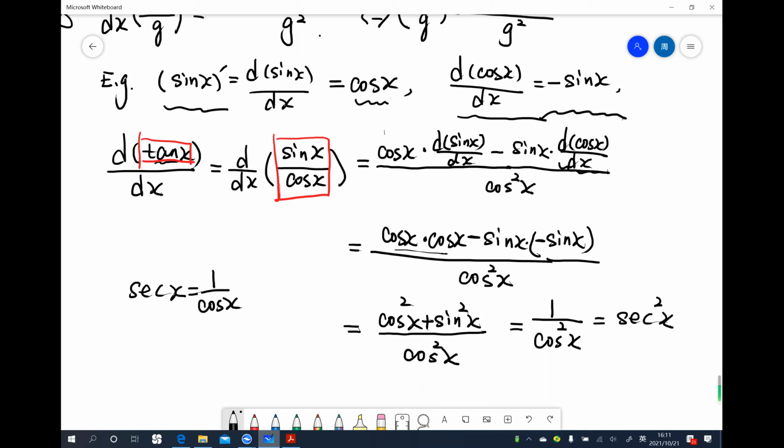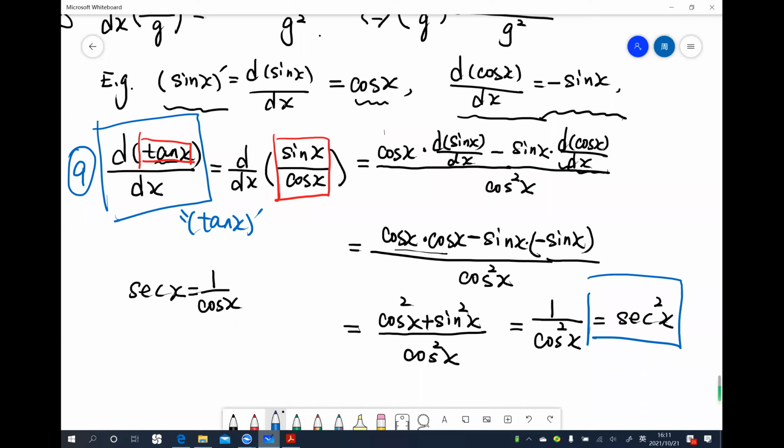So we have another formula. This is number 9, maybe. Number 9: d tangent x by dx equals sec x squared.